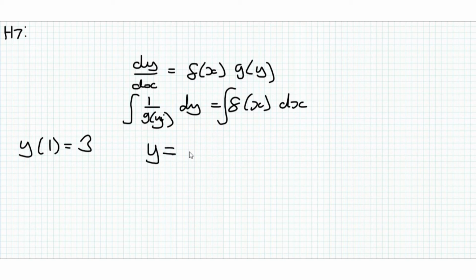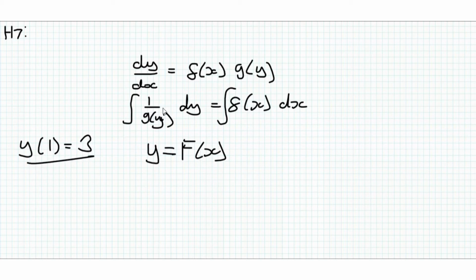We'll use a capital F, right? That's what we're trying to solve for. So we want to get it to here, and then this is going to give us some function in terms of y. This is going to give us an x. We can rearrange it in the form y equals f of x, and use our initial conditions to find solutions.